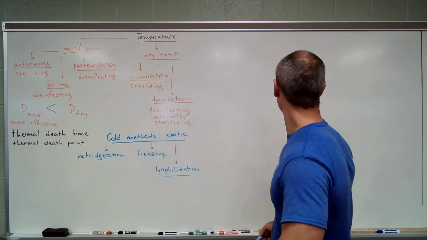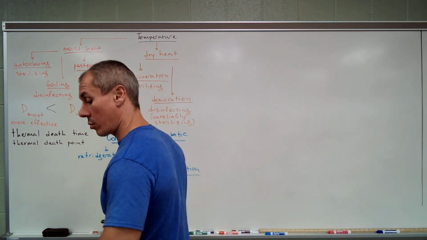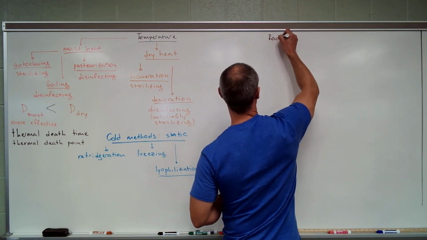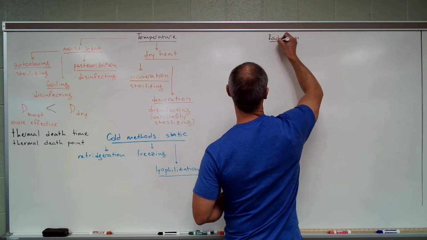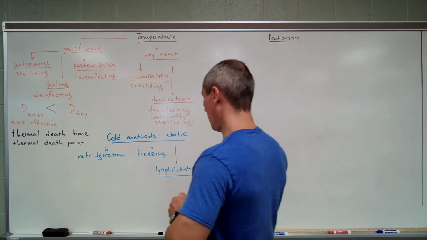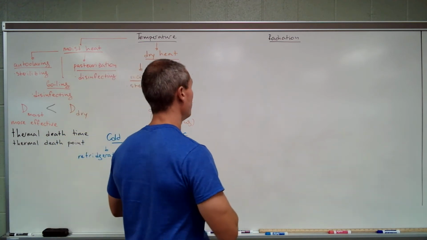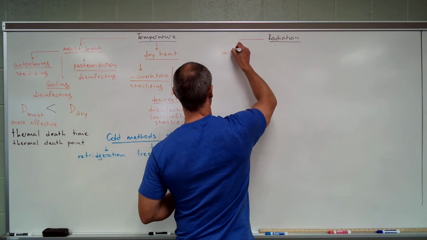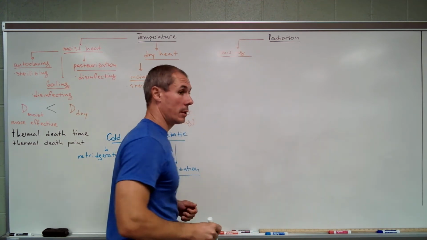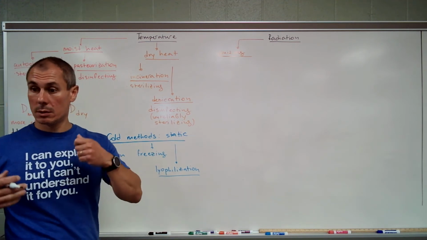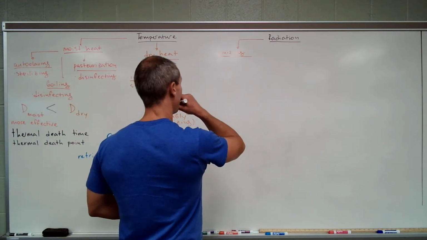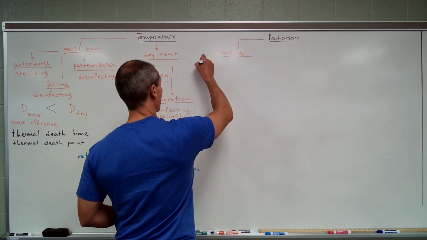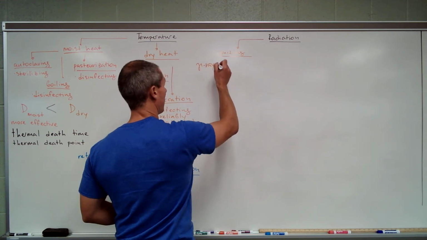Make sense? Okay, another method of physical control of microbes will be radiation. There are two types of radiation that we need to be aware of. One of them, ionizing radiation. Ionizing radiation is generating ions, and in order of its penetrative ability, you can rank different types this way.